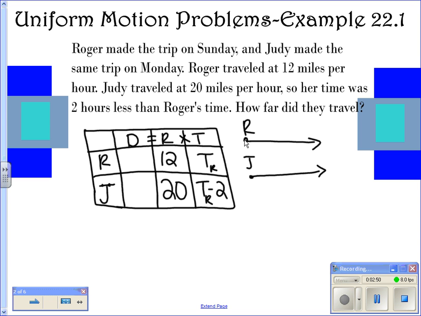Yeah, multiplied. Do we know the distance? The distance is, we don't know, right? Yeah, 12 times TR. What formula can we take here? Right? Okay, and what formula can we make from Judy's?